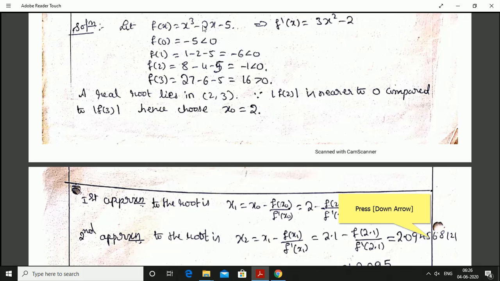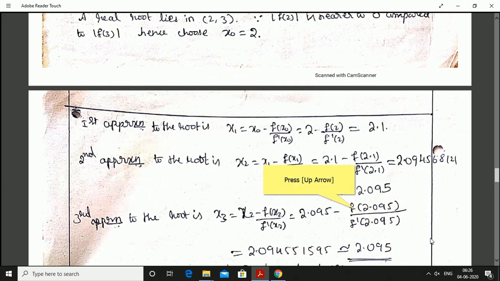Close the bracket, divided by f dash of 2.1, which is 3 into answer square minus 2, close both the brackets. Now, if I press the equals key, it comes out as 2.09456812. That x2 value is stored in the answer key in your calculator.